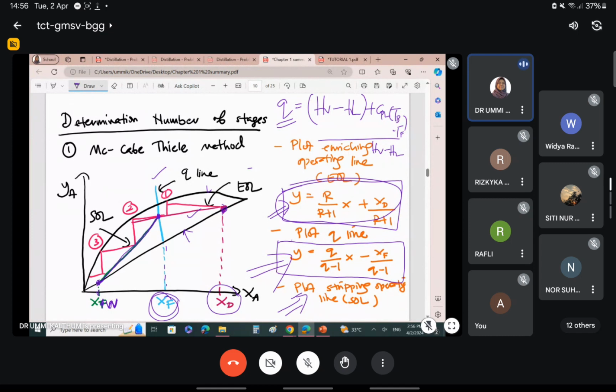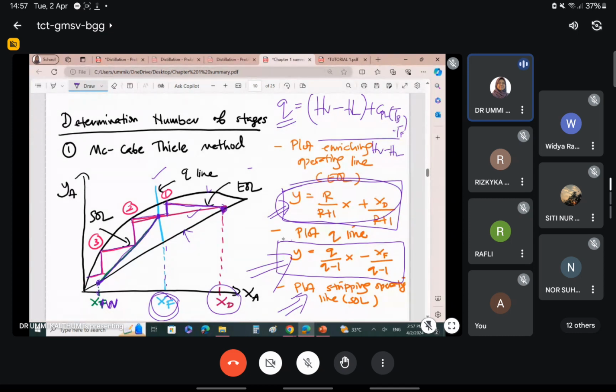So stages is determined starting from XD. Horizontal line pergi ke equilibrium and then turun ke enriching operating line. Buat sampai, lepas tu turun ke stripping, buat sampai beyond the XW.